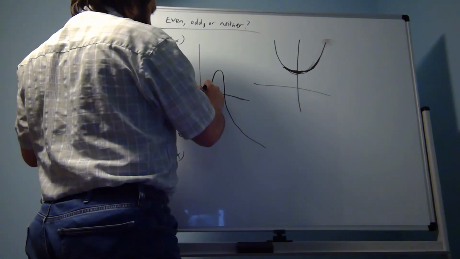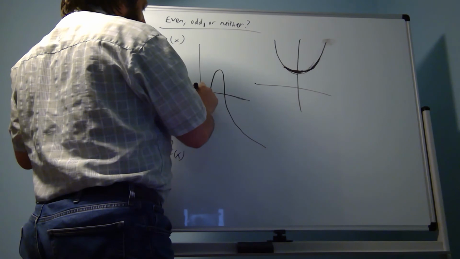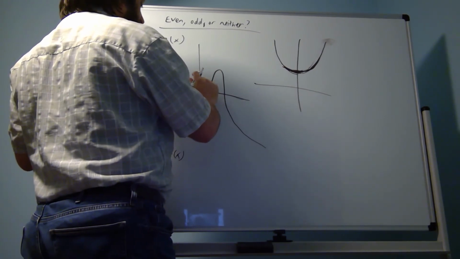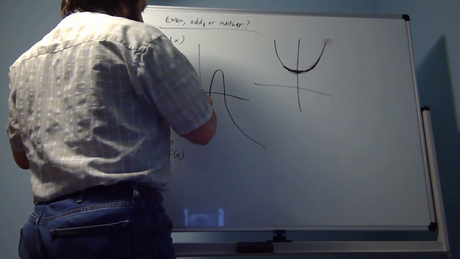An odd function has to pass through the origin, because 0 is the negative of 0, so we'd better get the negative of it; we can't be ourselves and our negative at the same time.